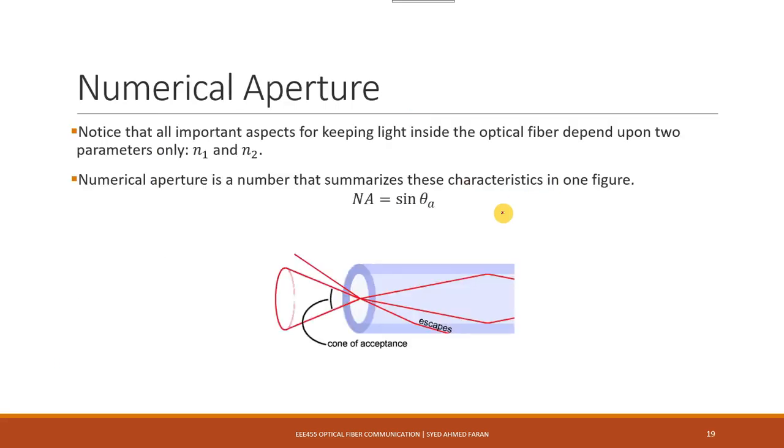Since we know the importance of this acceptance angle, or as it says in this example, the cone of acceptance, these rays of light are acceptable for communication, and the other light will escape the fiber. So this angle is important. For this angle of acceptance, we give it a number: sine theta a is a number that is called the numerical aperture.